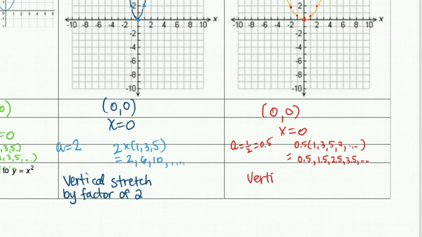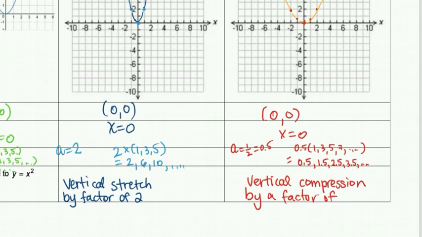Proper terminology: vertical compression by a factor of... Like I was saying, just look at the bottom of the A. Sometimes if you get a fraction like 3 over 4, you don't want to do that, so just flip the fraction. Vertical compression by a factor of 2.